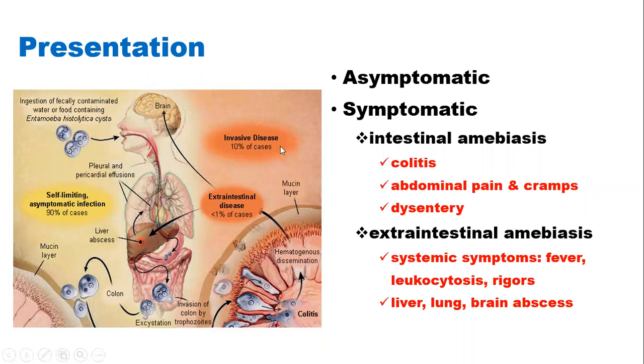However, in about 10% of patients who have been exposed, you can have invasive disease. With invasive disease, the trophozoite can have access to extraintestinal sites, primarily the liver. But you can also have involvement of the lungs and the brain. So you can have amoebic liver abscess, lung abscess, or brain abscess.